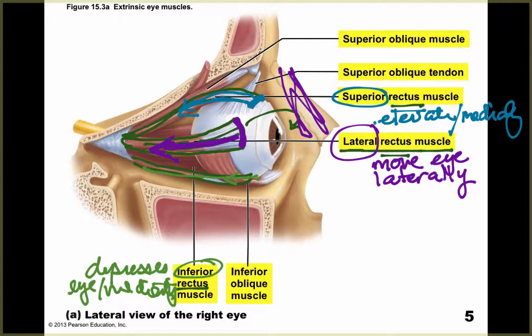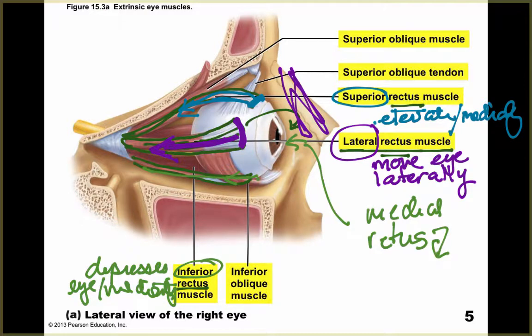Now, you do have one that's on the inside here. And that inside one, again, it's rectus because it goes straight back. And what do you think it's called? It's on the inside towards the midline, so it's the medial rectus muscle.